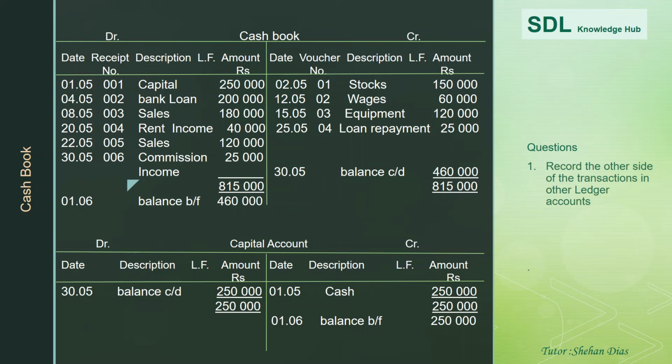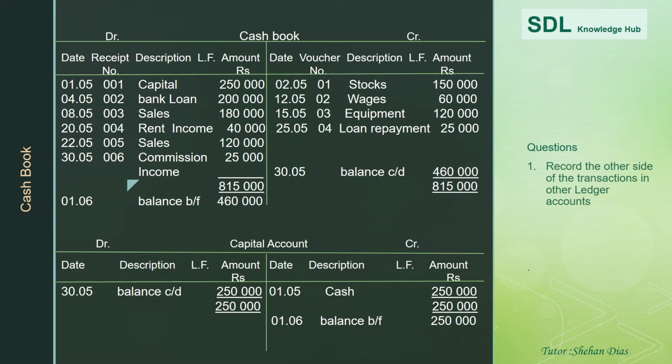So you put that into both sides total, and the difference you take as balance carried down on the credit side at the end of the period, 30th of the fifth month. Balance carried down as 460,000, and at the beginning of the next period, that is 1st of June, you state as balance brought forward and put the balance of 460,000.